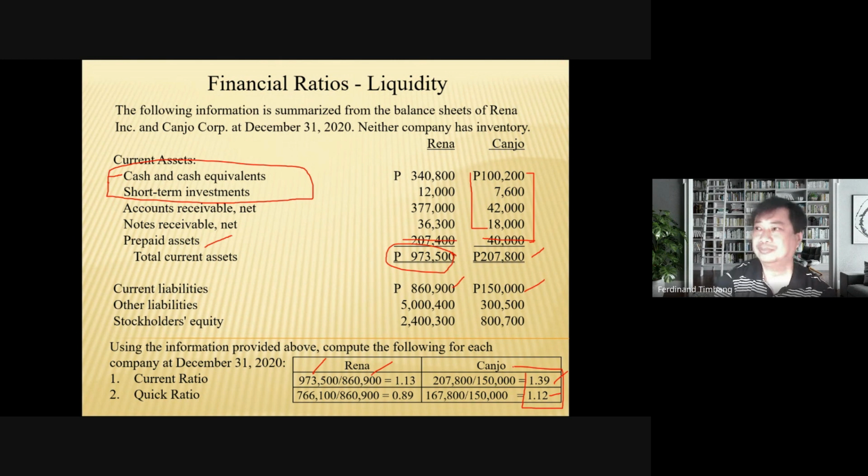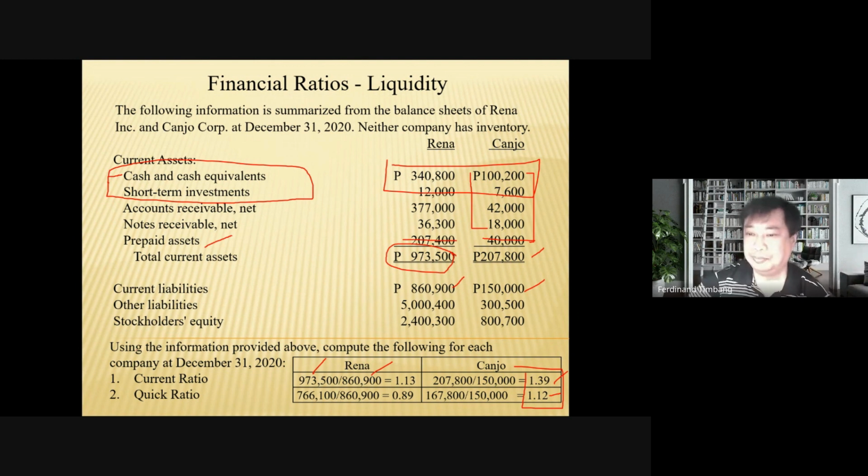Okay? So, even if you look at the cash position ratio, mas liquid pa rin. Pagdating ito pala dyan, hindi. Si Rina. Tama. Pagdating sa cash position ratio, tingnan nga natin, complete na lang tayo.